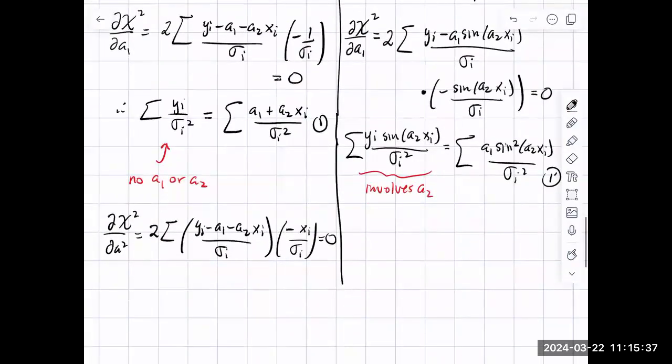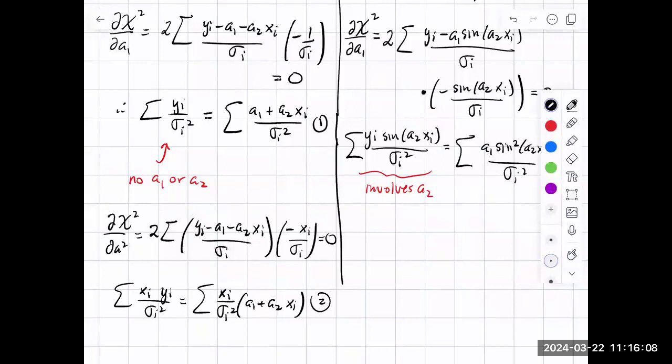Okay, and then if we rearrange, we're going to get the sum of xi yi divided by sigma I squared is equal to the sum of xi over sigma I squared times a1 plus a2 xi. And this is equation 2, I think.